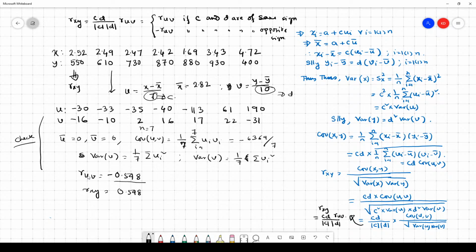So the sign of r_UV and the sign of XY are the same. For that reason, the correlation between X and Y should be minus 0.548. That is the beauty. If you use this transformation, you can easily compute the correlation coefficient of the whole variable using this property.